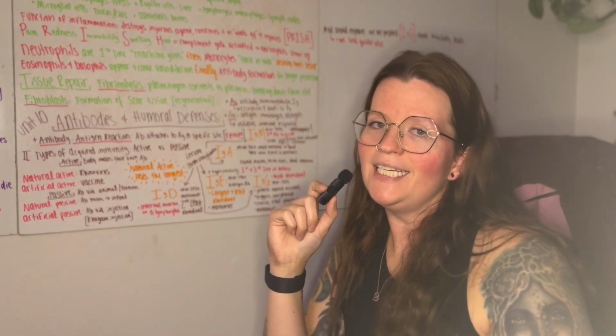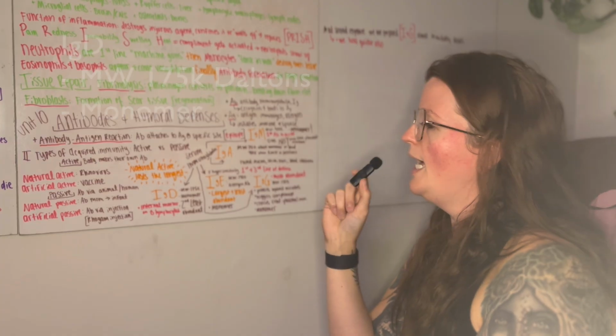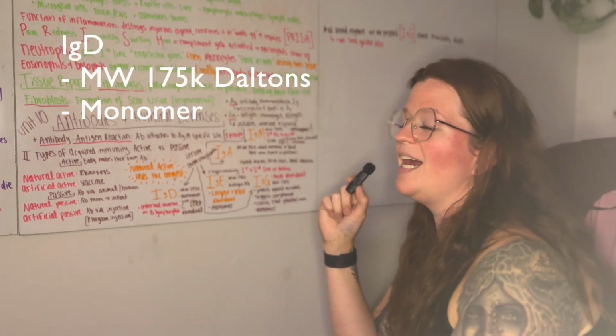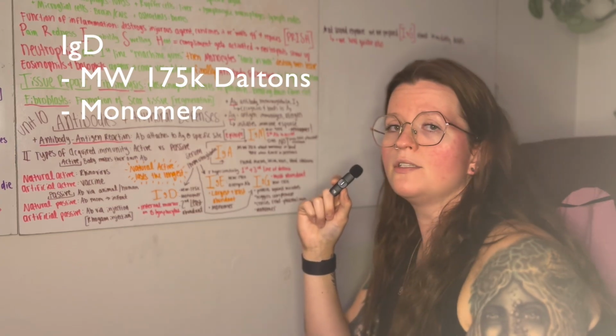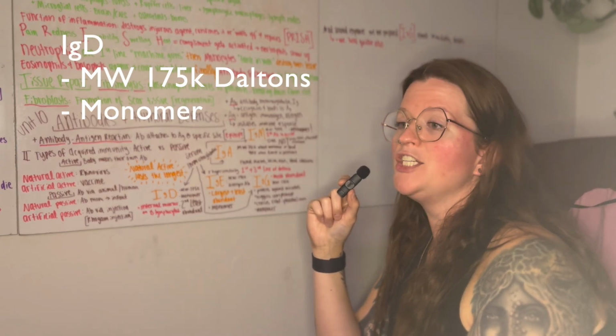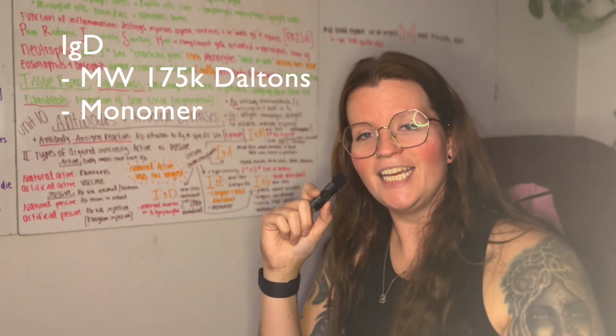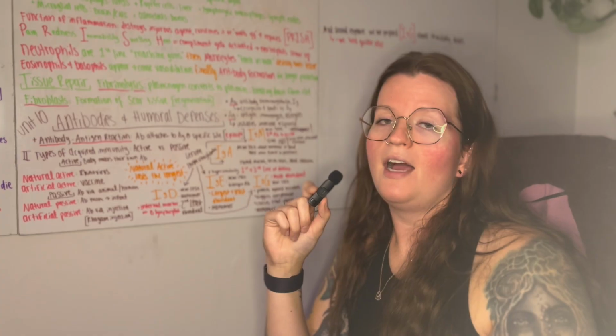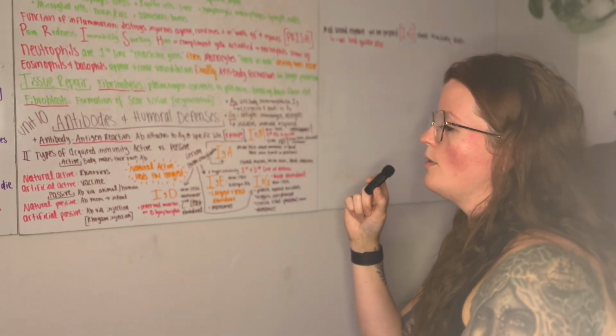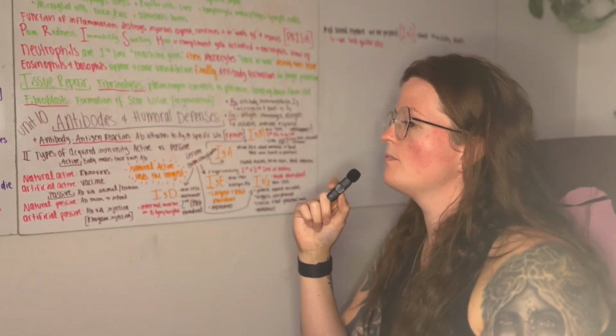IgG, like IgE, is a monomer. And last but not least, we have IgD with a molecular weight of 175,000 Daltons. IgD, like IgE and IgG, is a monomer, and it is the second least abundant. IgD also has internal markers on B lymphocytes.